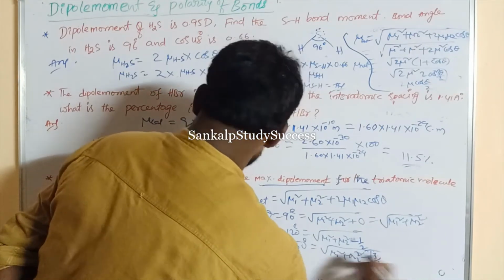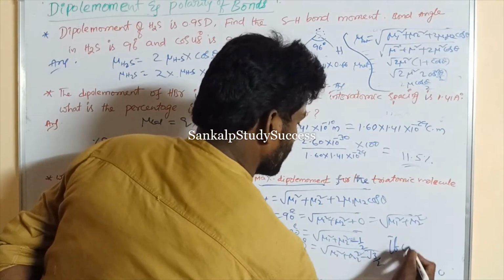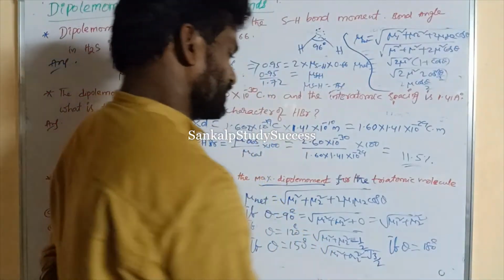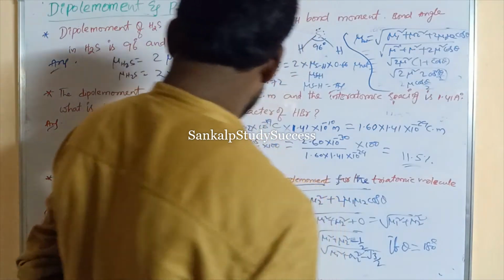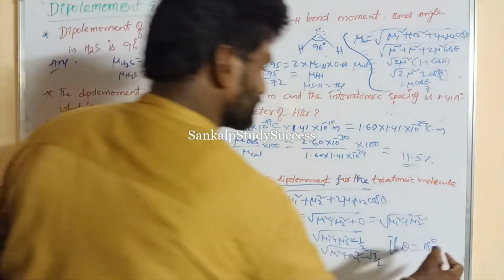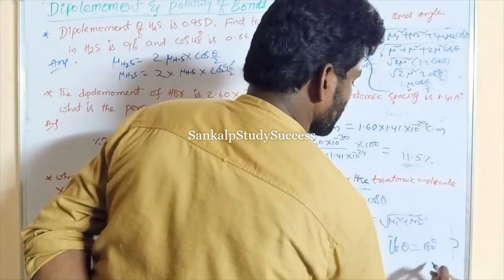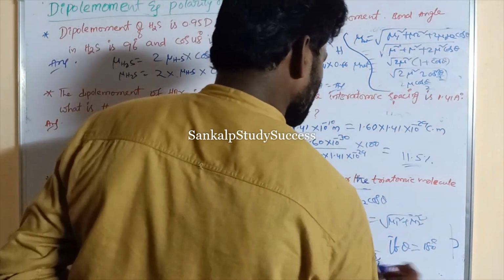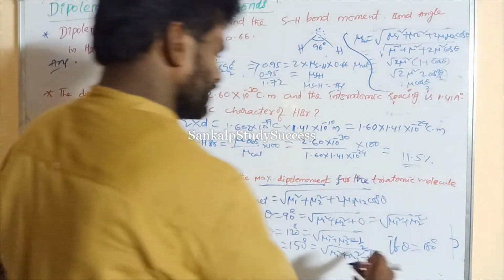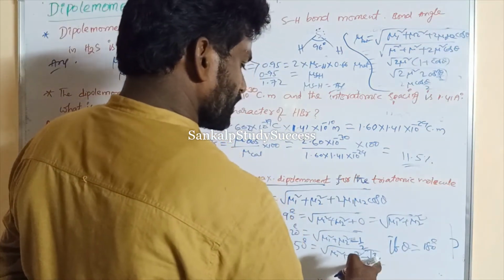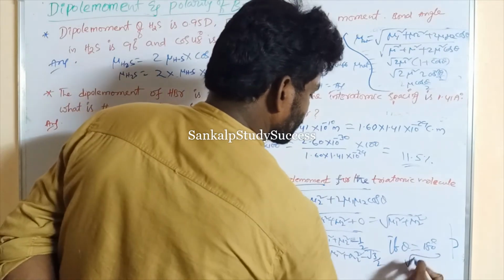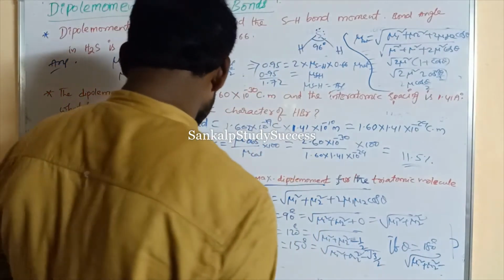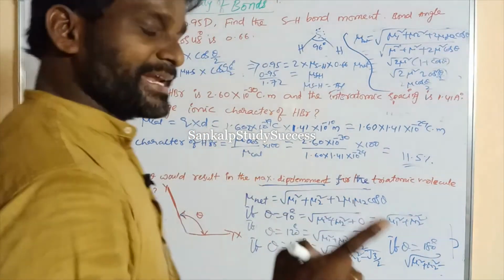Similarly, if theta is equal to 180 degrees, that is present in linear. That is present in 180 degrees, which means it is linear. So a linear molecule has zero dipole moment. Here theta is equal to 180, the value is mu1 square plus mu2 square minus, cos 180 means minus sin 90.